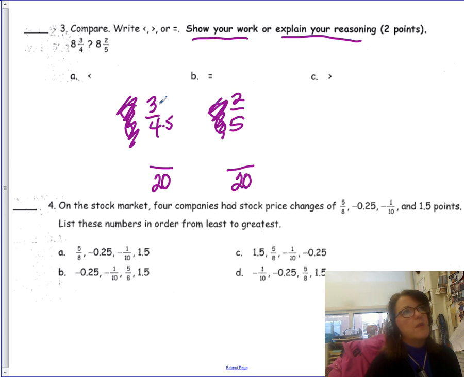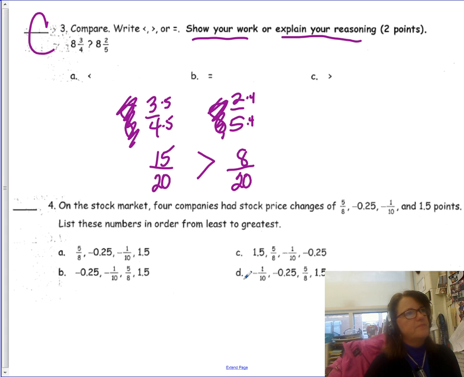And this is what I mean by showing me some work. I can turn 3/4 into 15/20. And when I change fifths into 20ths, it becomes 8/20. Ha ha. This guy's larger. The 3/4 is the larger one.